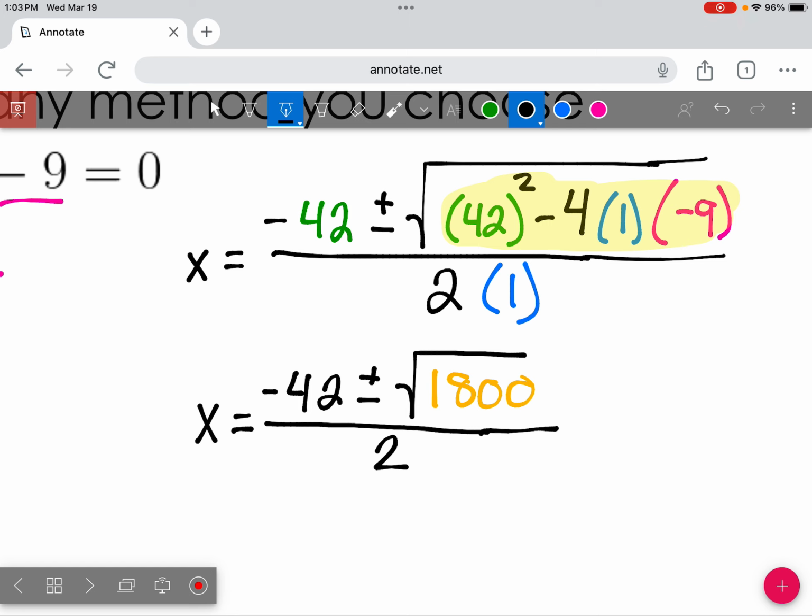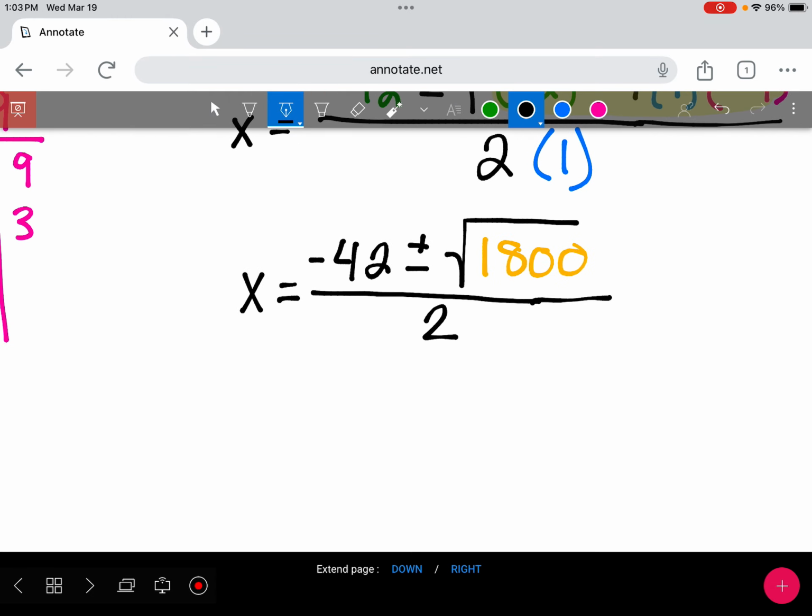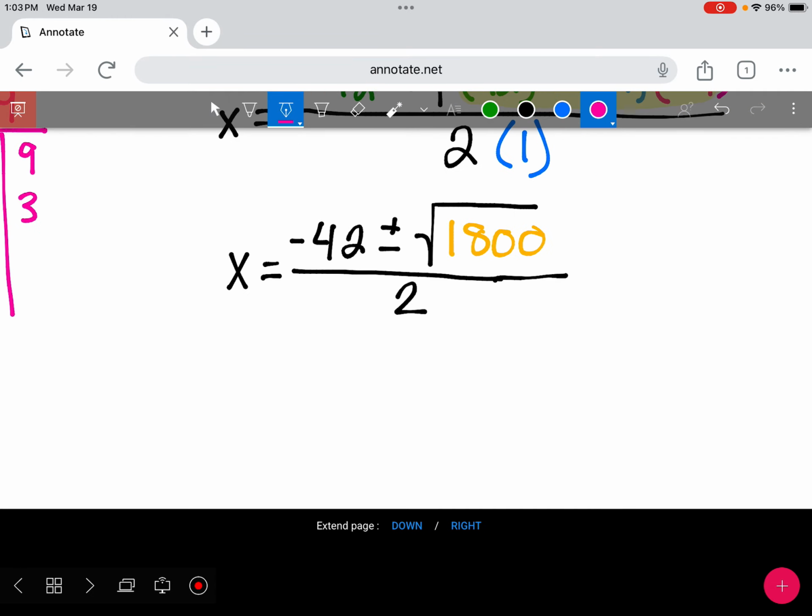So if 1800 came out as a really nice, pretty number, that would be super handy. Or if square root of 1800 came out as a pretty number. But the square root of 1800 does not come out as a nice, pretty number. It is decimally and gross. So to get our answers, we need to split it. Even if it wasn't decimally and gross, we would need to split it.